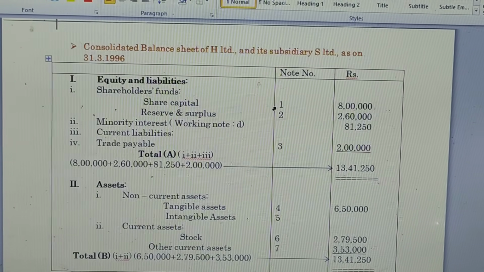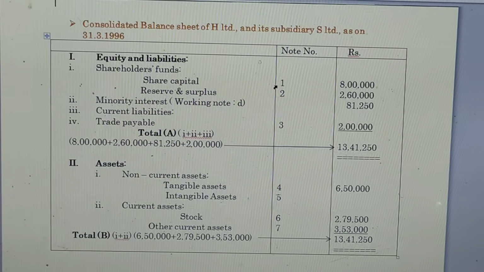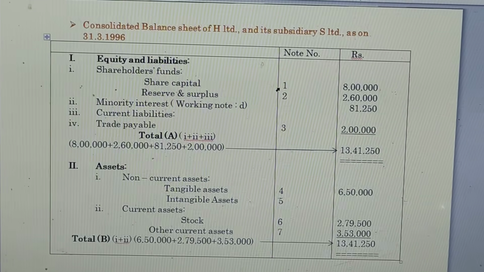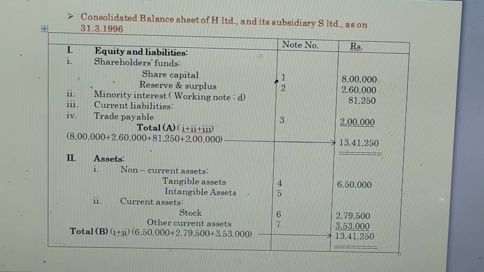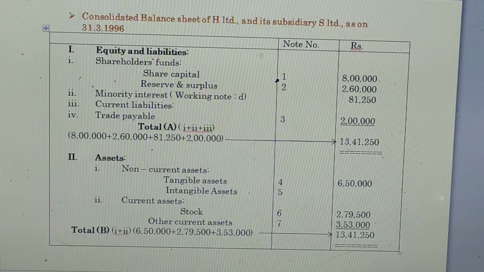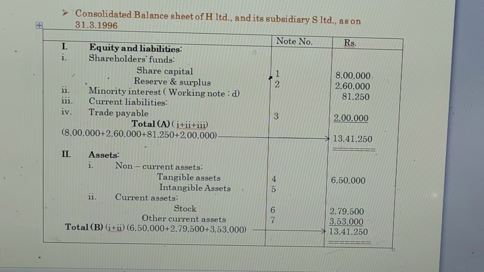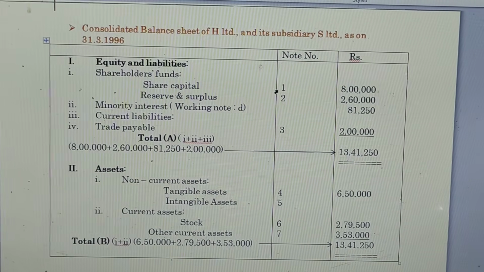Then we are going to find out the consolidated balance sheet of H Limited and its subsidiary S Limited as on 31st March 1996. In the particulars column, we have to mention equity and liabilities. Under the equity and liabilities, we have to mention shareholders funds. Under the shareholders funds, we have to mention share capital, that is note number 1 heading. Number 1 will be mentioned in the note number column. The note number 1 total is 8 lakhs, which we mention in the rupees column.